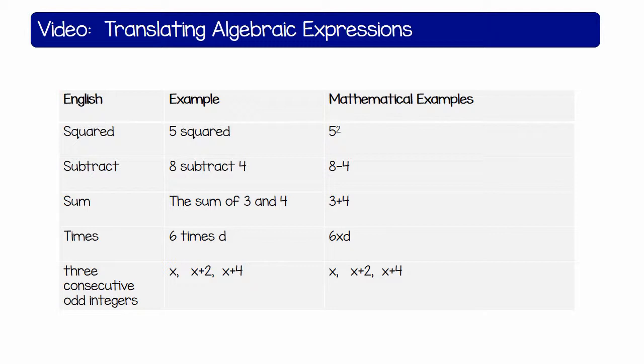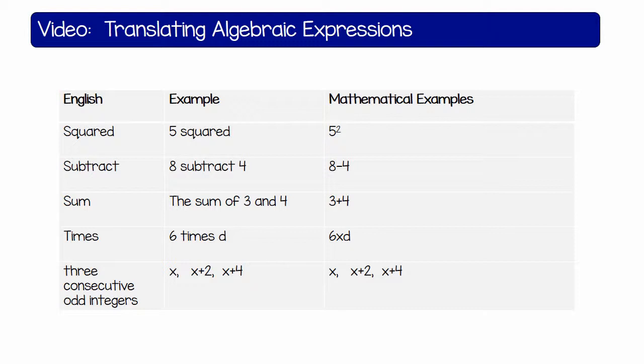Subtract, of course, 8 subtract 4 would be 8 minus 4 with the minus sign. Sum, of course, means to add. The sum of 3 and 4 would be 3 plus 4. Times, multiply, 6 times D, or 6 times D.